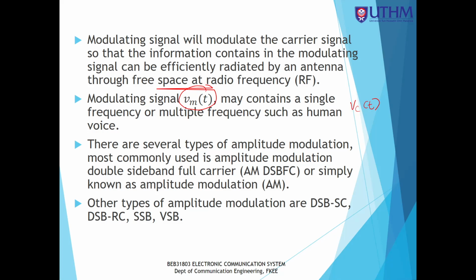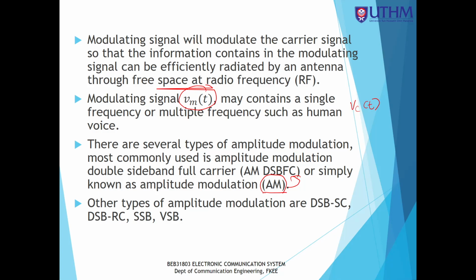There are several types of AM. Most commonly used is the AM DSBFC, double sideband full carrier. Normally the most common AM is the double sideband full carrier, or simply known as the AM. So remember in your syllabus, when we mention AM only, it is referring to the double sideband full carrier. DSBFC is the oldest version of the AM.